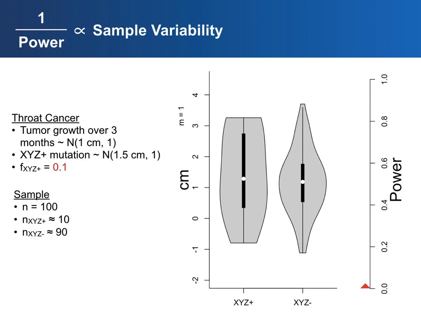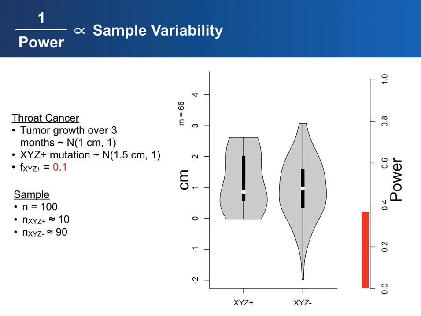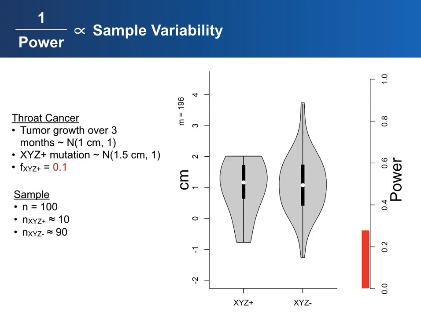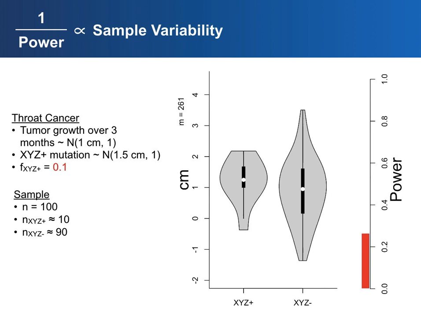So let's rerun our study simulations. This time, we are changing the frequency of the XYZ mutation to 10%. So now, in our sample of 100, we're going to expect only 10 XYZ positive individuals and 90 XYZ negative individuals. When we rerun this, we see that our power has dropped significantly, down around 30%.